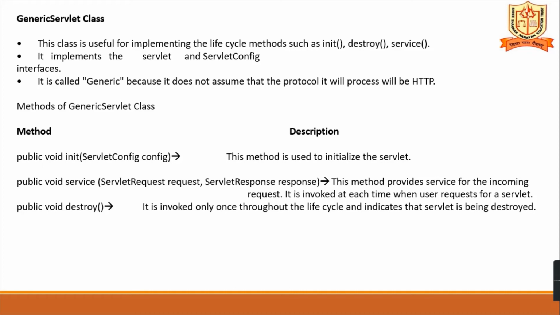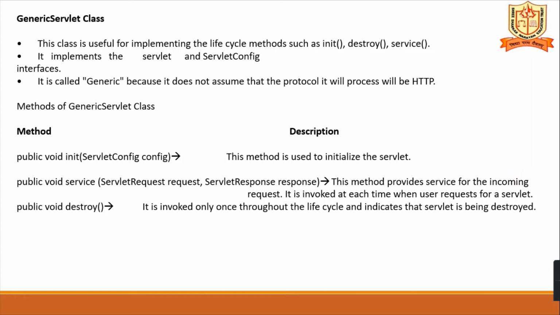It also implements the Servlet and ServletConfig interfaces. It is called generic because it does not assume that the protocol it will process is HTTP. GenericServlet will accept all types of requests. It may be an HTTP request, it may be an FTP request, whatever the request, it will accept it.